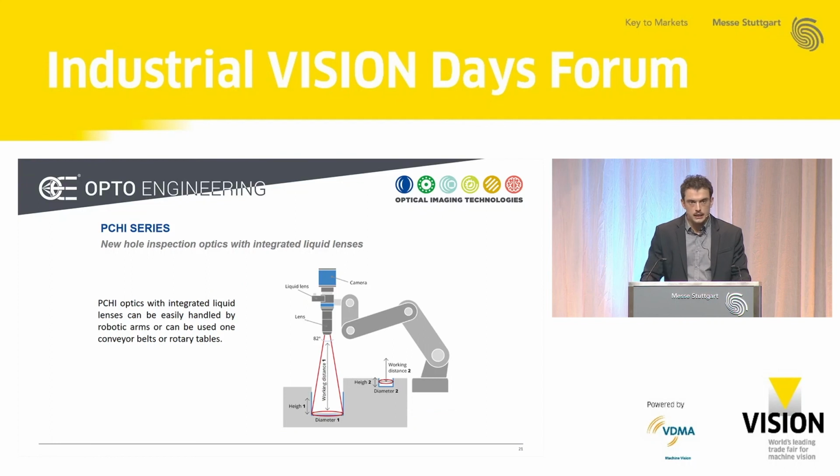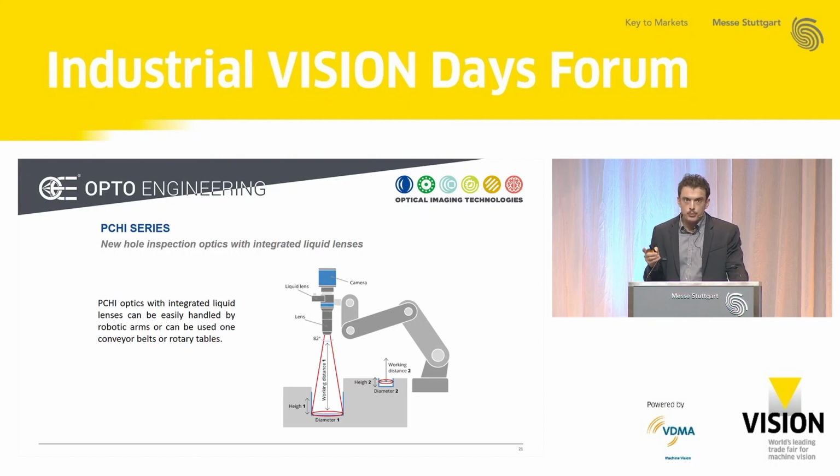Here you can see a simple scheme of the working principle of the refocusing mechanism. So changing the working distance, you can change the actual field of view of the lens, allowing you to acquire different samples with a very fast refocusing mechanism.